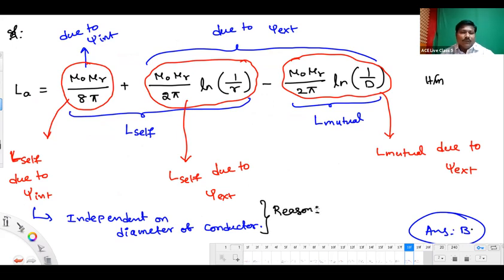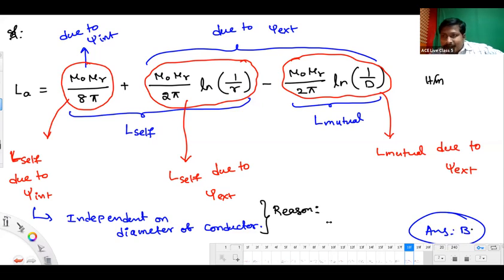One simple option I'm going to tell you is one of the assumptions we have made: no skin effect, or J is assumed to be uniform throughout the cross section.